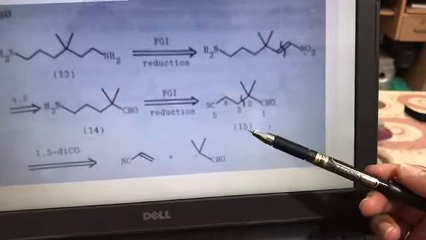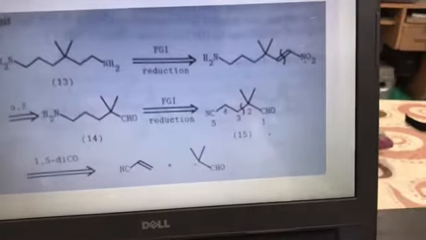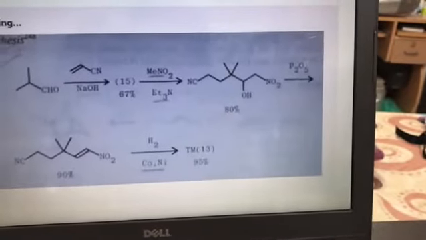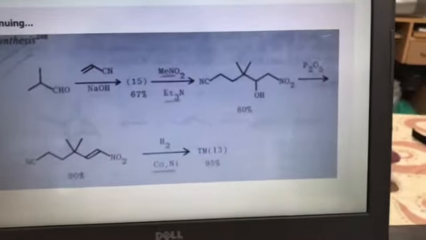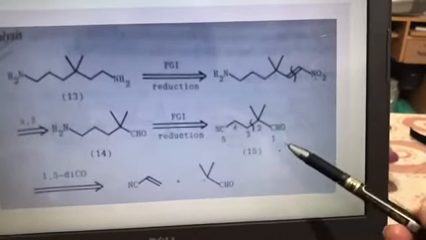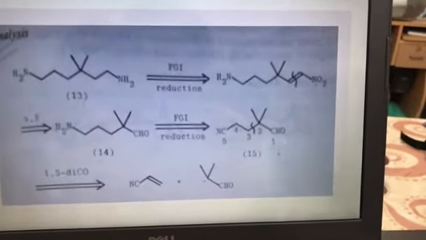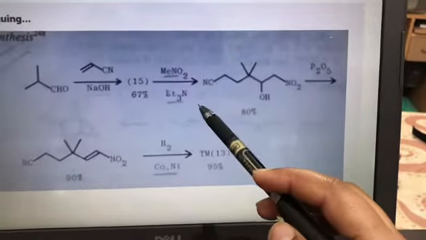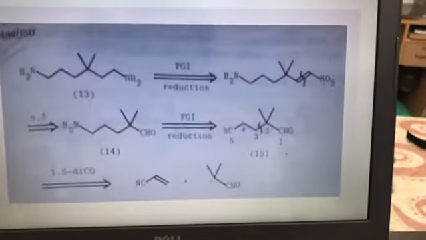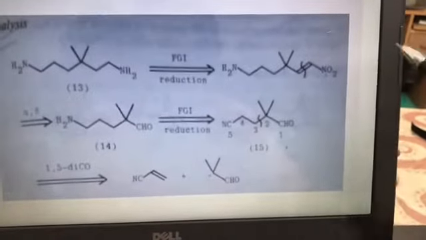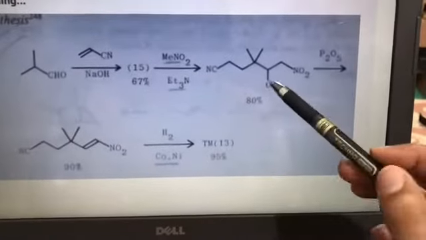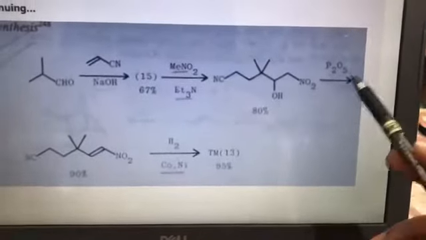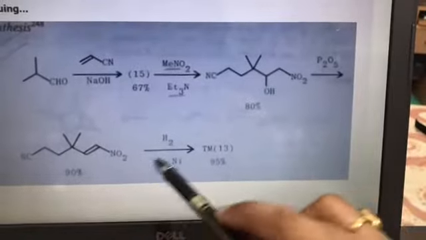Now we disconnect it here to give us a cyanide compound and an aldehyde group. We can synthesize it from the aldehyde and cyanide group to give us this product. Then we use nitromethane here to get a hydroxyl group and a nitromethane group here. Now we need to get rid of this OH, so we use P2O5, and then it is reduced to give the target molecule, that is the diamine.